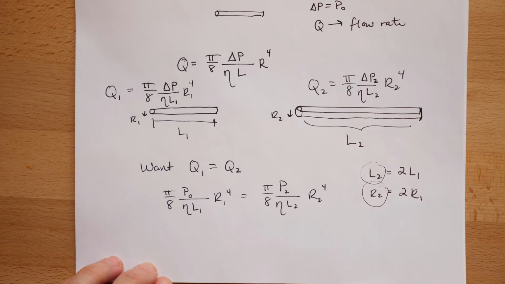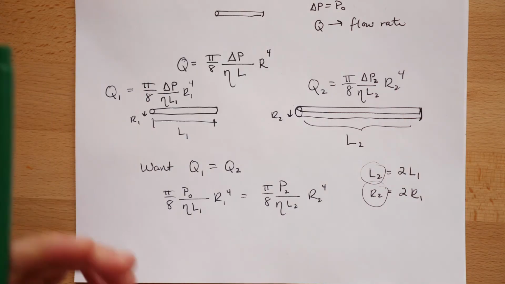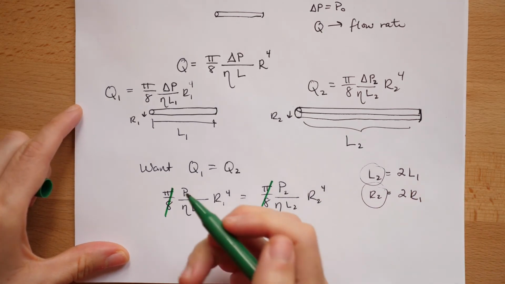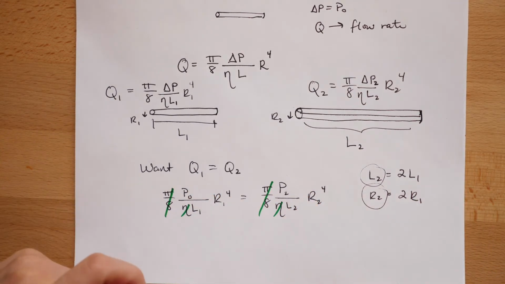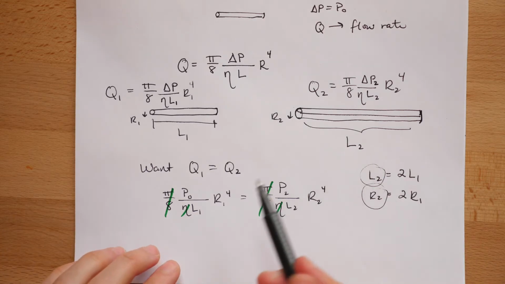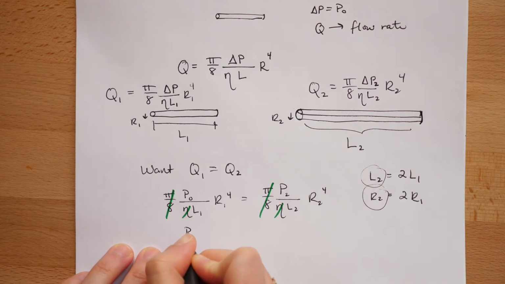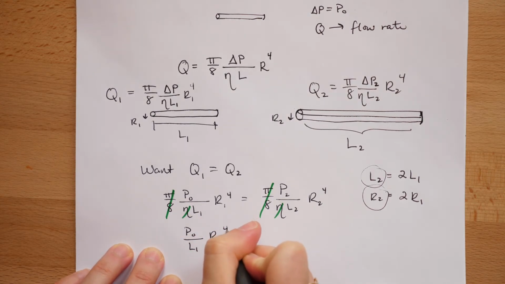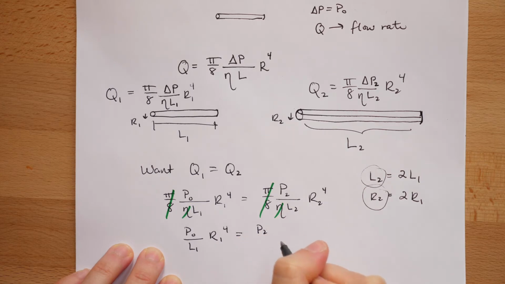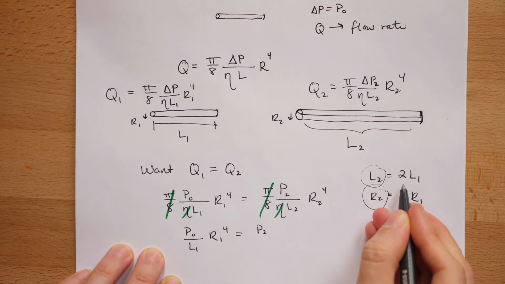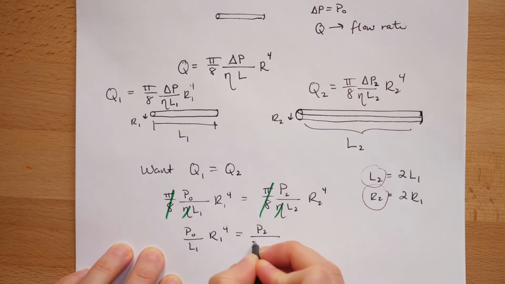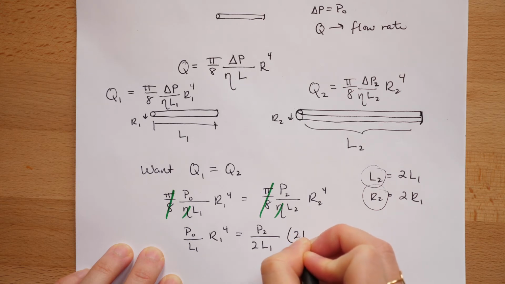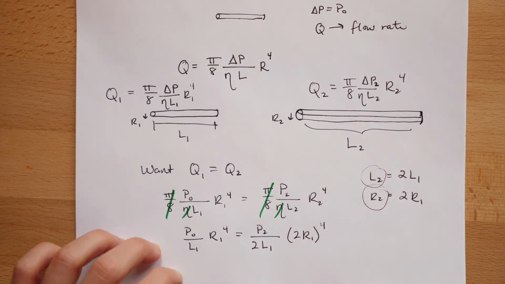First of all, some of this stuff will cancel. The pi/8 will cancel. The viscosity will cancel. So now we have P naught over L1 R1 to the fourth equals P2 over L2 R2 to the fourth, where L2 is 2L1 and R2 is 2R1, which I need to raise to the fourth power.